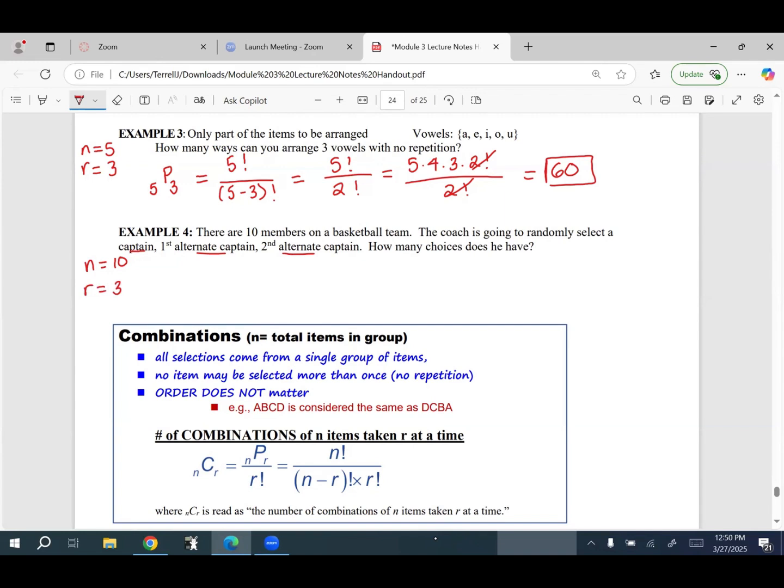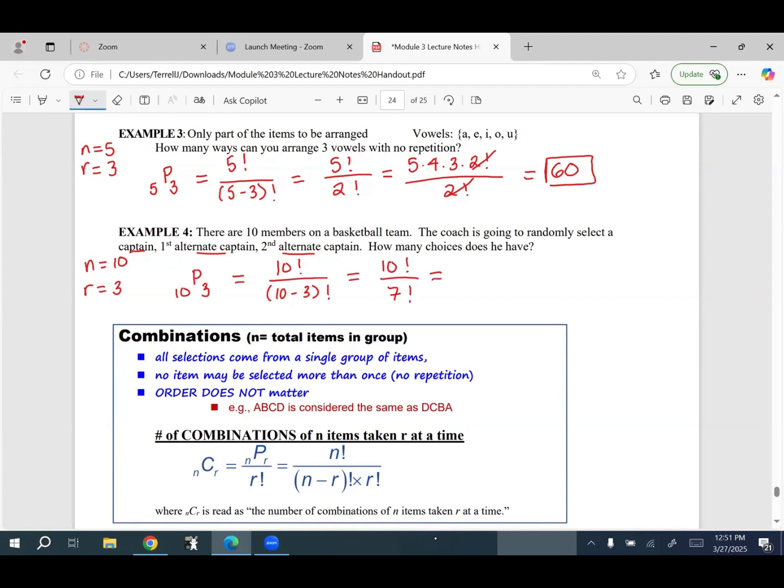So we are doing NPR, which for us is 10P3. And so the formula is 10 factorial over (10 minus 3) factorial. This is 10 factorial over 7 factorial.